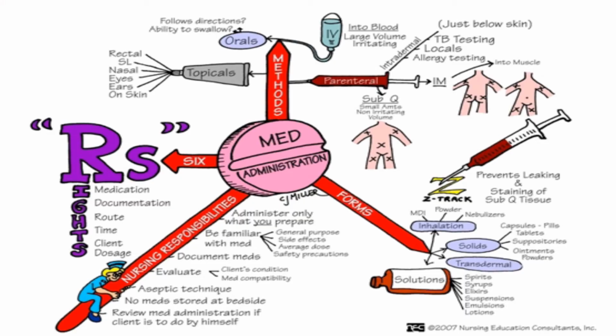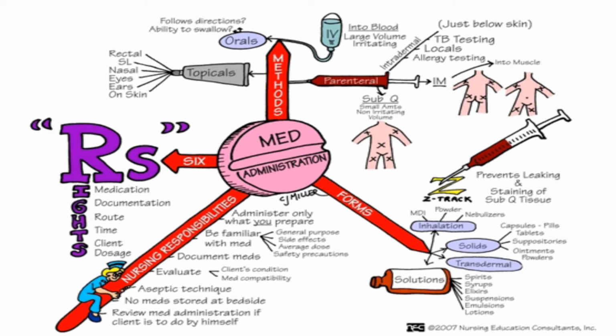Now this is one of your pictograms, and it's really busy, isn't it? It's talking about on your left side, the R's, or your rights there. If you start up at the top, the methods, we got the oral. Again, is the patient able to follow directions, or are they able to swallow?